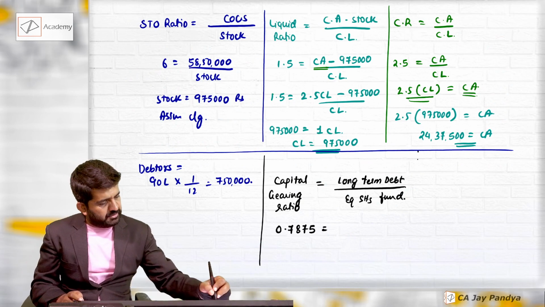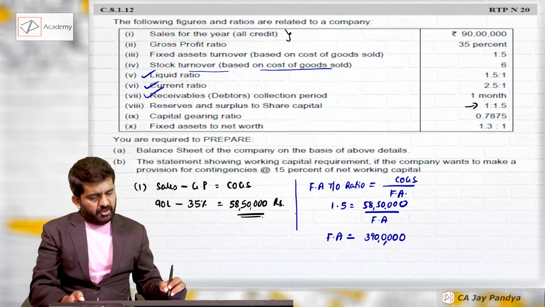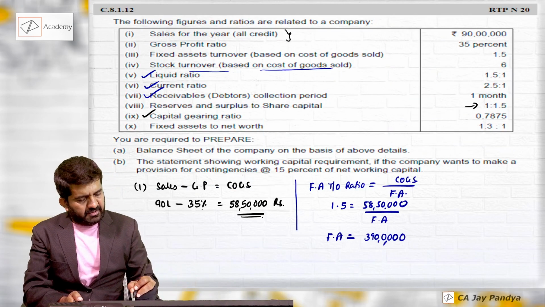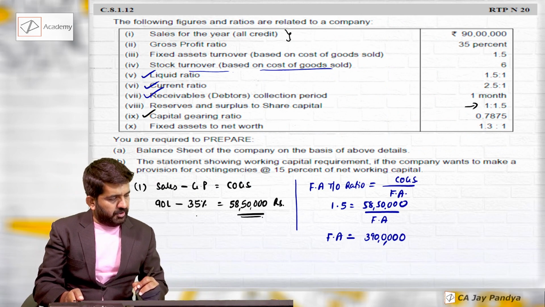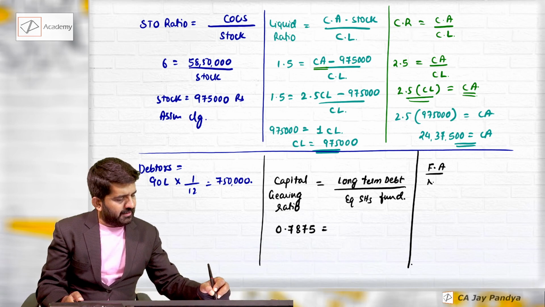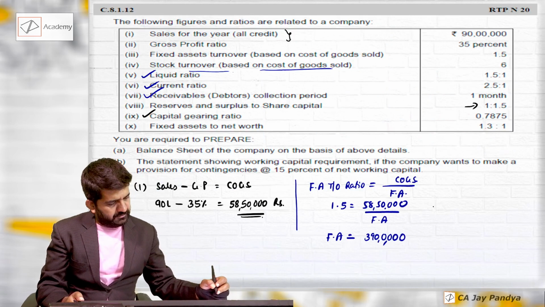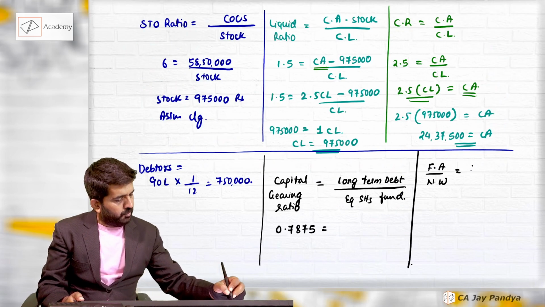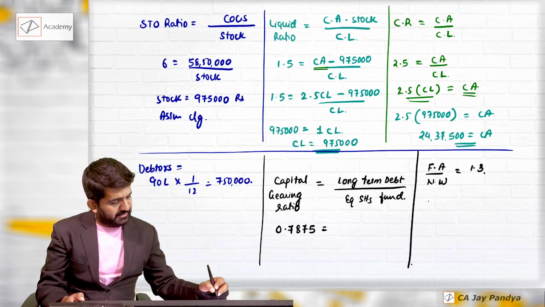So let us take another equation and try to find out the answer. Fixed asset to net worth. From this we will be getting the answer. Fixed asset to net worth is 1.3. We are having the answer of fixed asset, 39 lakhs.